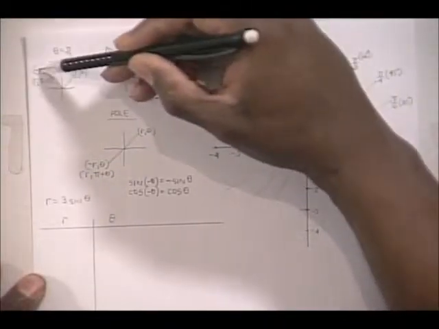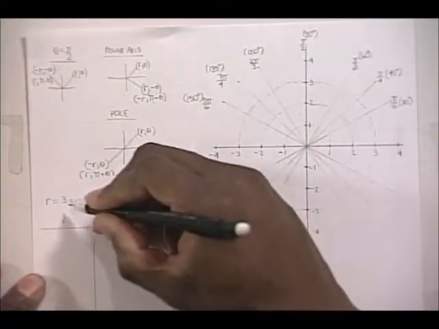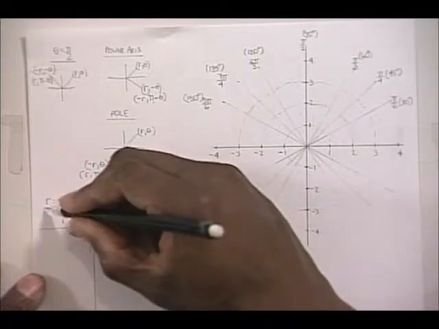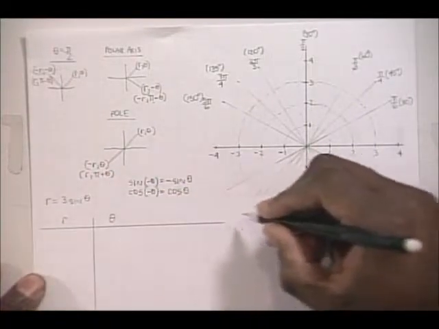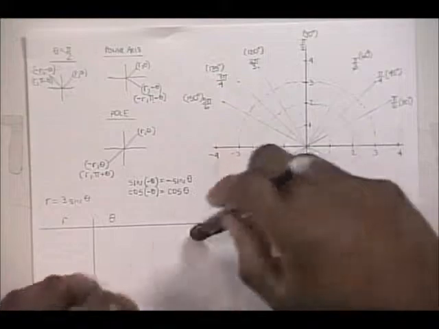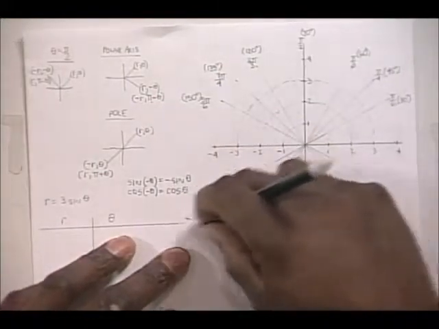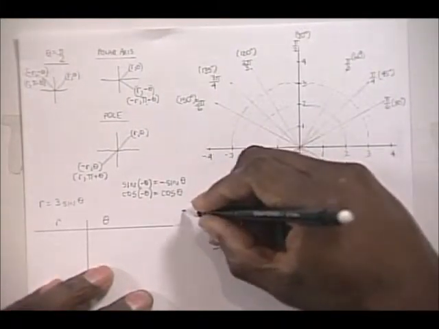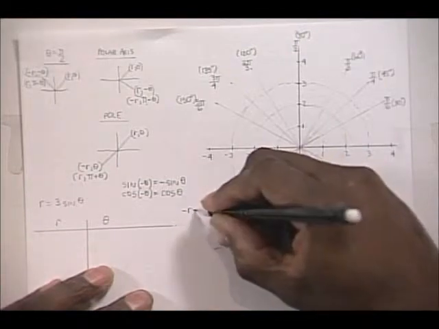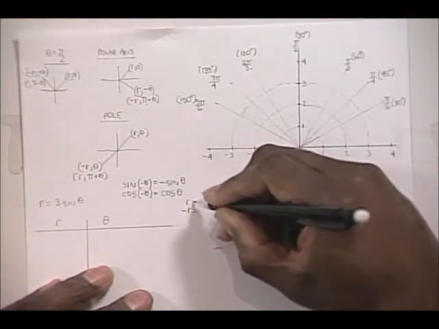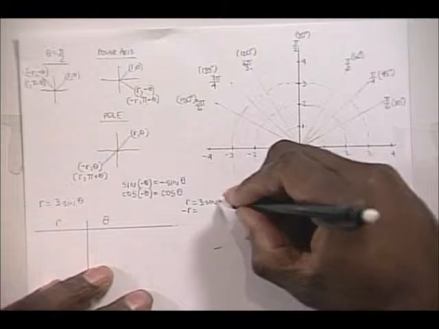It's very important that you know that ahead of time, so that when you substitute in one of these points, negative r, negative theta, for example, let's substitute in negative r. Initially we got r is equal to 3 sine theta.